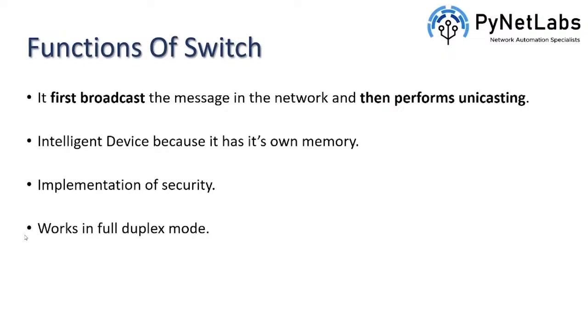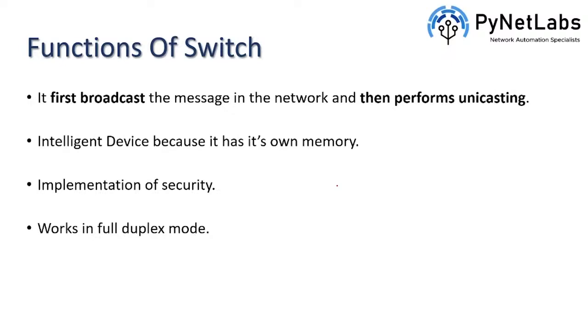Then we have some functions of switches, starting from the very first thing, which says it first broadcasts the message in the network and then performs unicasting. Then it is an intelligent device because it has its own memory. Implementation of security is possible when you have switches inside your network, and it works in full duplex mode. So when a switch is connected inside your network, it not only allows you to connect multiple devices, but it also provides you features like enabling security with multiple features.